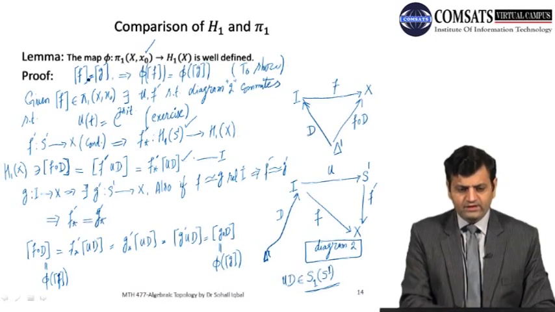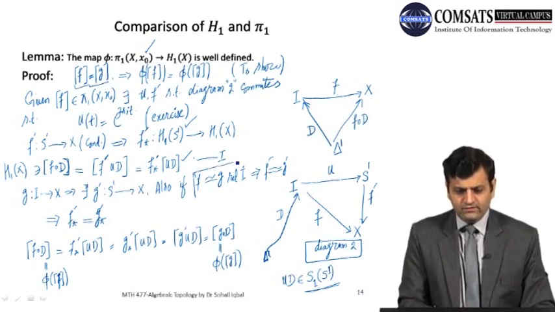If f and g are equal in class, then these two are equal, where we use the fact that if they are homotopic, then f prime and g prime are homotopic, and so they will generate the same class, and then we get this following thing.